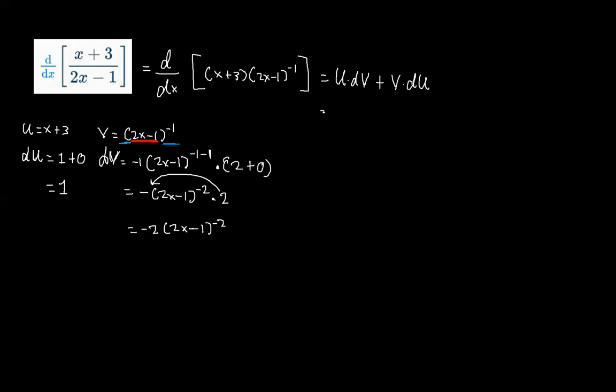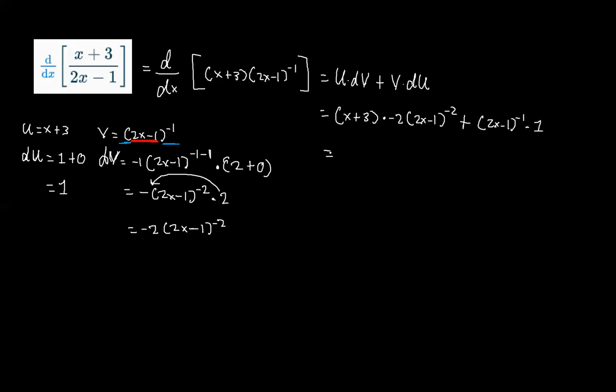Your u here is x plus 3. Your dv here is negative 2 times 2x minus 1 raised to negative 2. Plus your v, which is 2x minus 1 raised to negative 1, times du, which is just 1.